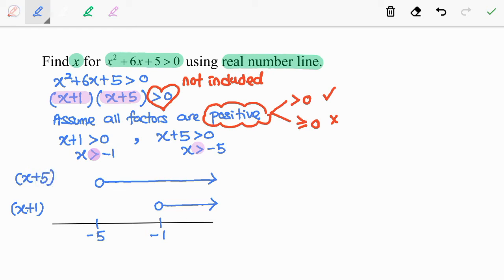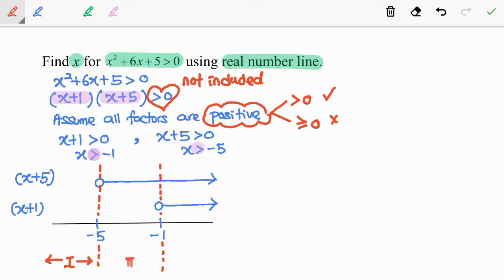So I'm going to divide this number line into 3 parts. So we have first part, the interval is from negative infinity to negative 5.